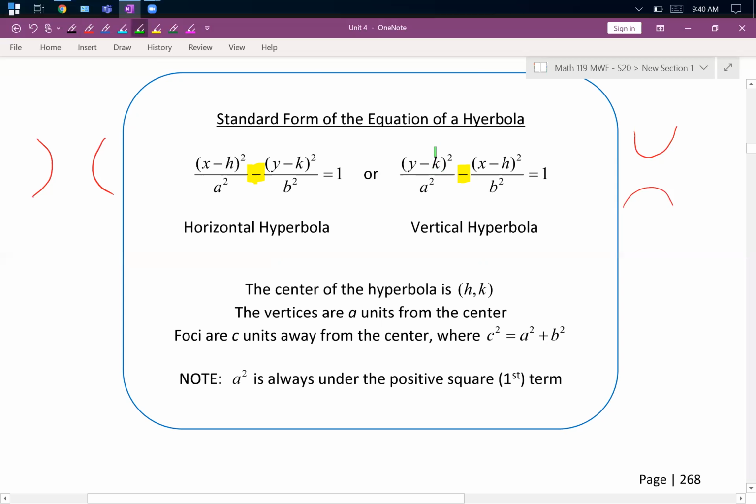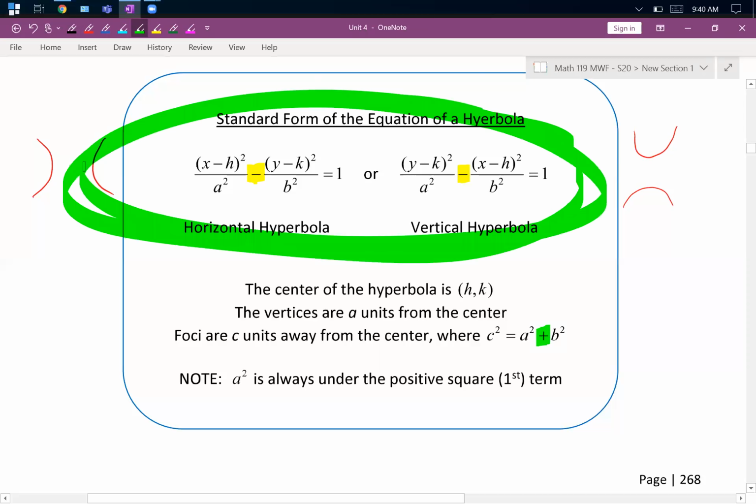The vertices are a units away from the center, and the foci are c units away from the center, but this time our formula for c is that c squared is equal to a squared plus b squared. I mentioned this when we talked about ellipses a week ago: the sign in your formula for c is always opposite the sign in your standard form equation.